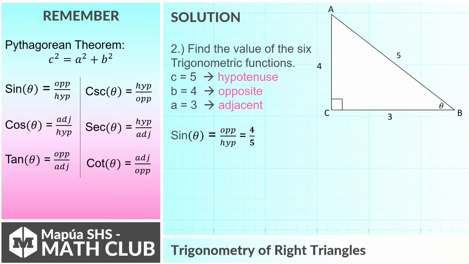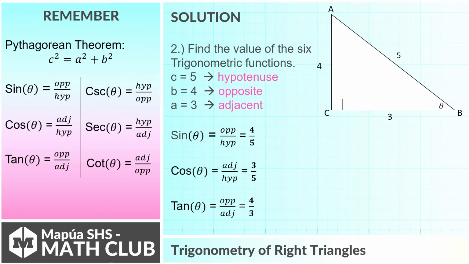Next, cosine equals adjacent, which is 3, divided by hypotenuse, 5. So cosine equals 3 over 5. Next is tangent equals the opposite, which is 4, divided by adjacent, which is 3. So tangent equals 4 over 3.